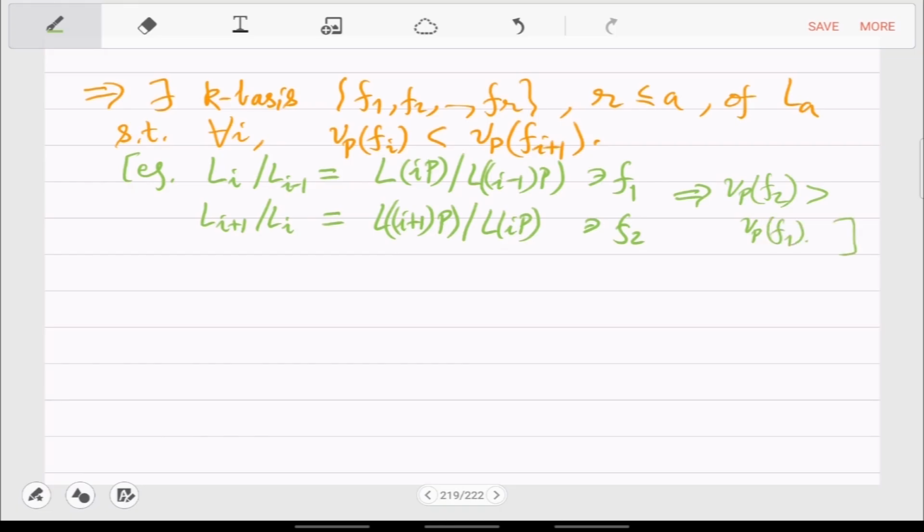Hopefully this should be clear, because F2 comes from more possibility of multiplicity of P, it's (i plus 1)P, while F1 comes only from iP.